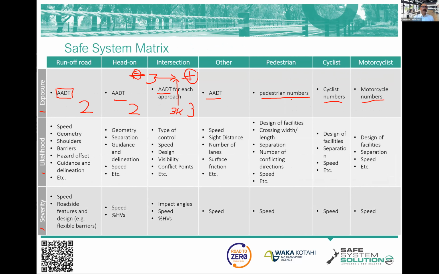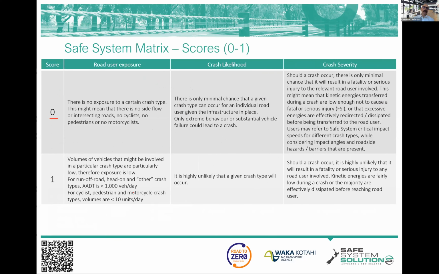And then we ask ourselves, well, how many pedestrians are there? How many pedestrians are crossing or using this area? It might be an area which is very low with pedestrians, where we get the occasional people through the area, but it's very low.